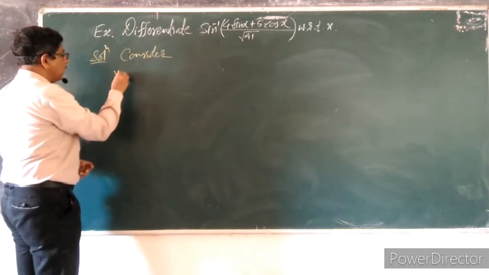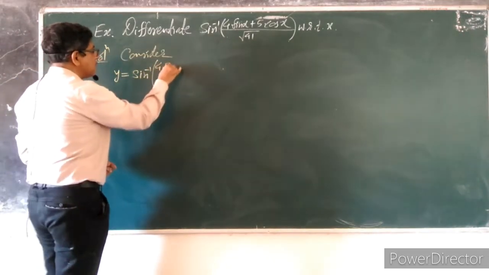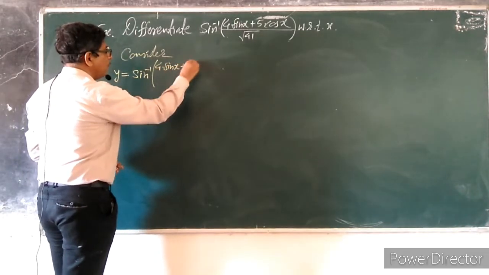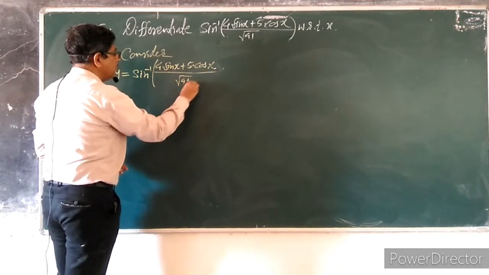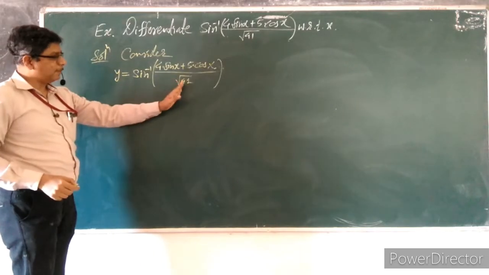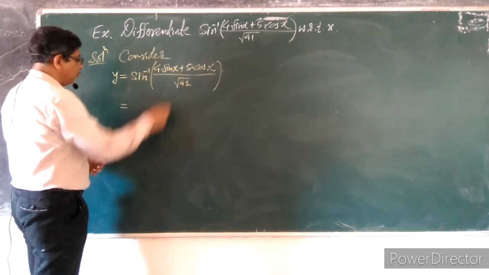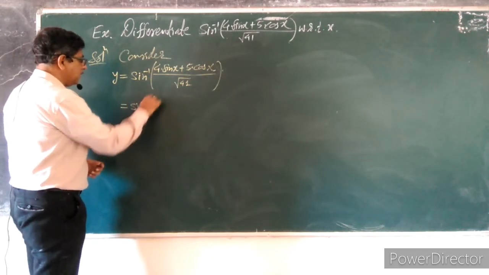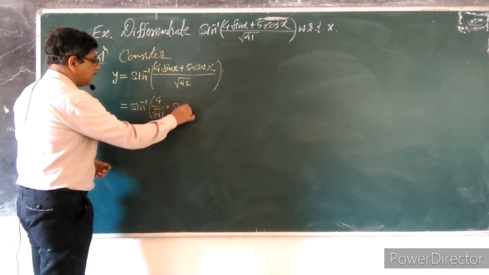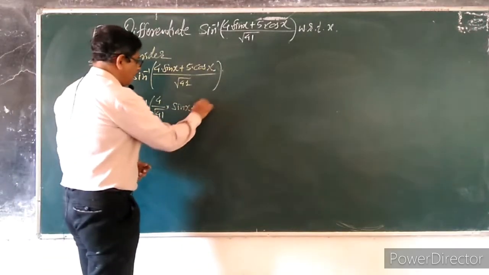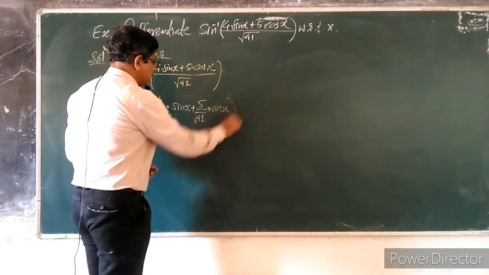Consider, I will call this y, sine inverse of 4 sine x plus 5 cos x divided by root 41. Now I will divide separately by root 41 here. So dividing separately by root 41, we will get sine inverse of 4 divided by root 41 into sine x plus 5 divided by root 41 into cos x.